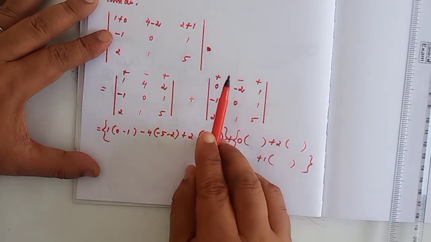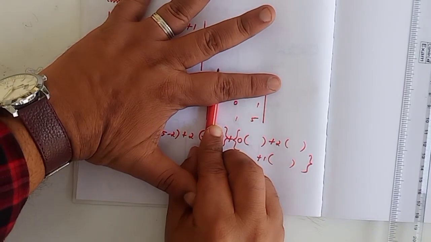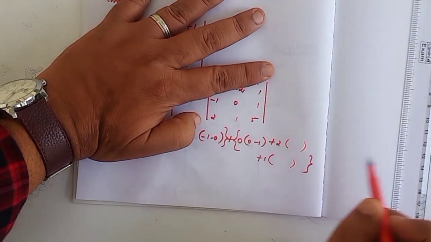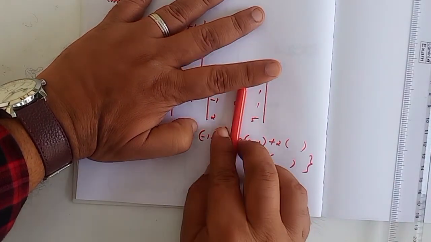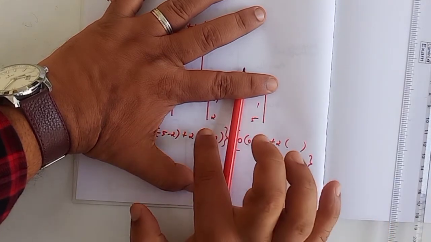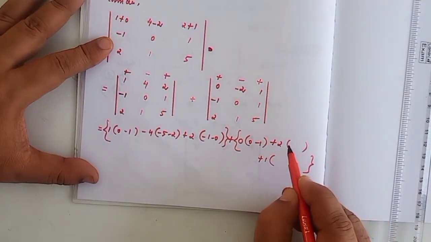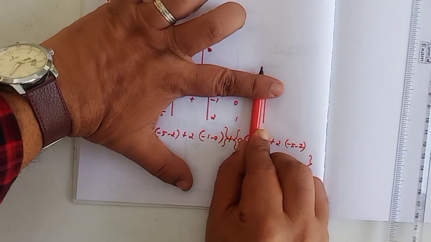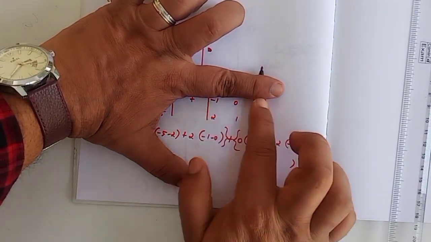Okay, for the 0, leave this column and row, you have 0 plus 1 becomes minus 1. Then minus into minus plus 2, leave this column and row, we have 4 elements, 5 into minus 1 minus 5, right as it is, plus 2 becomes minus 2, minus 5 minus 2. And finally leave this column and row, we have these 4 elements, multiply minus 1 and 0.